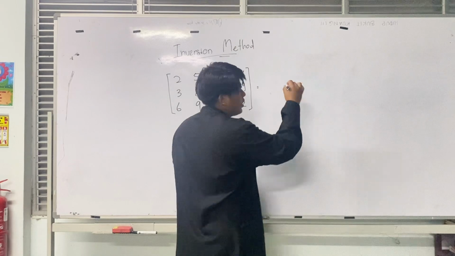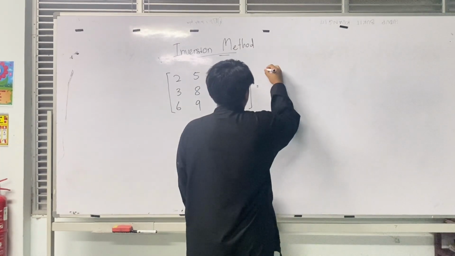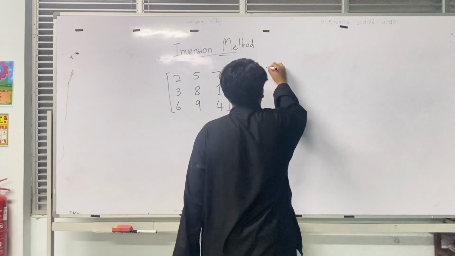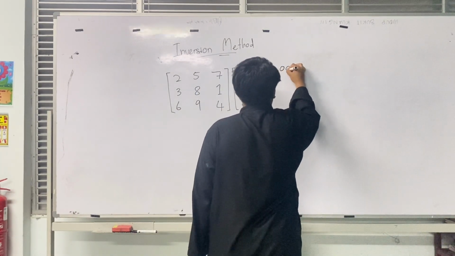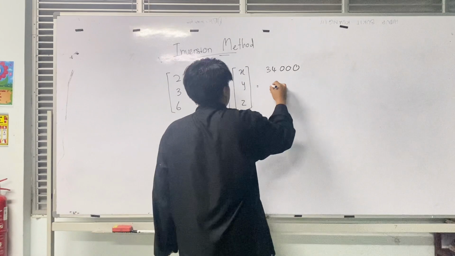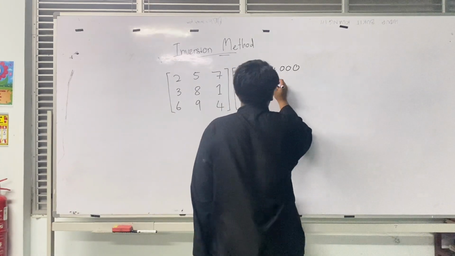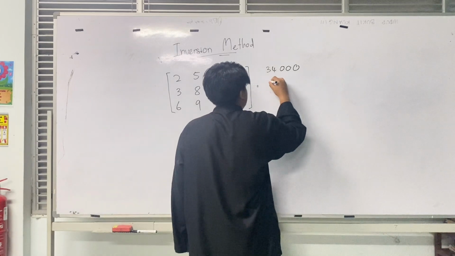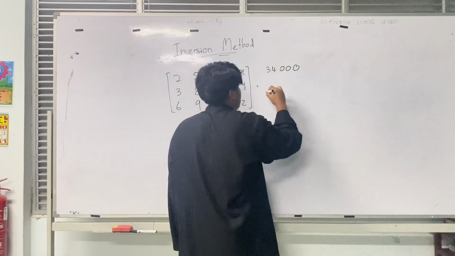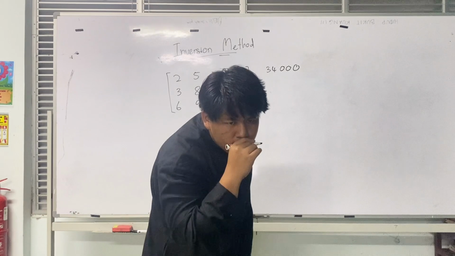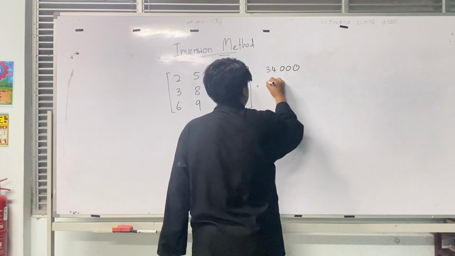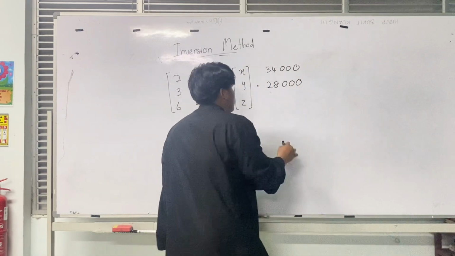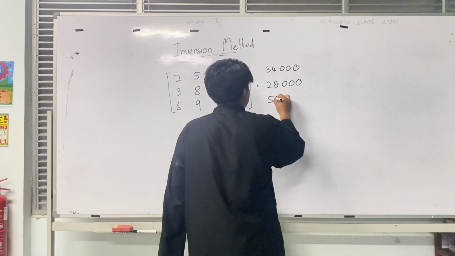For the Protika company, we have 34,000, and then for Powertech it is 28,000, and the last one is 50,500.